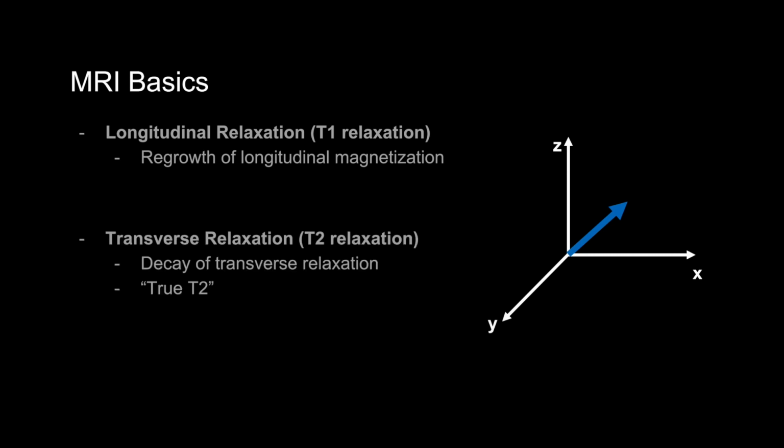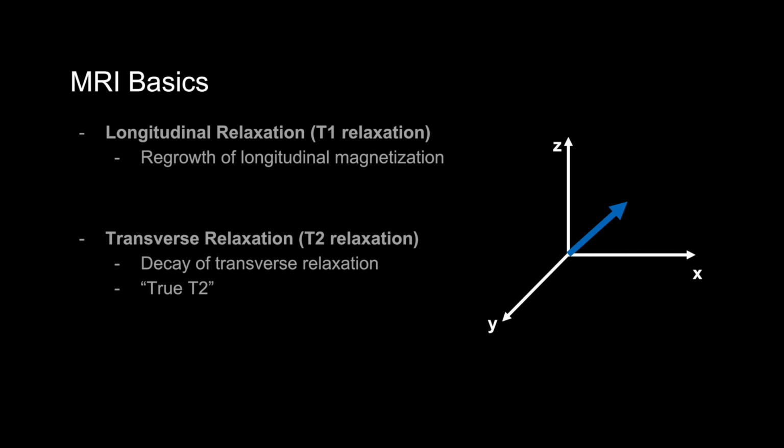A separate but related process is transverse relaxation, or T2 relaxation. Remember, we also mentioned that after an RF pulse, not only do we tip the net magnetization into the xy plane, but the hydrogen nuclei also start to precess in the xy plane in sync.